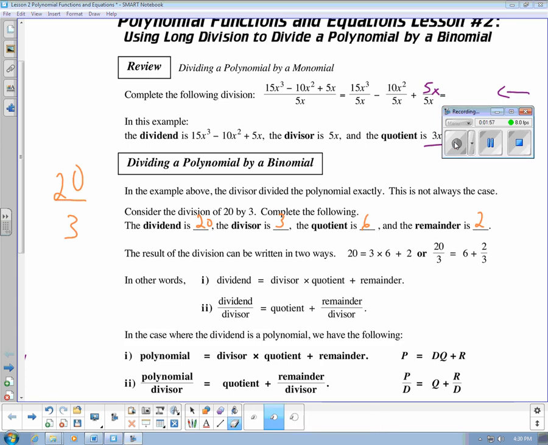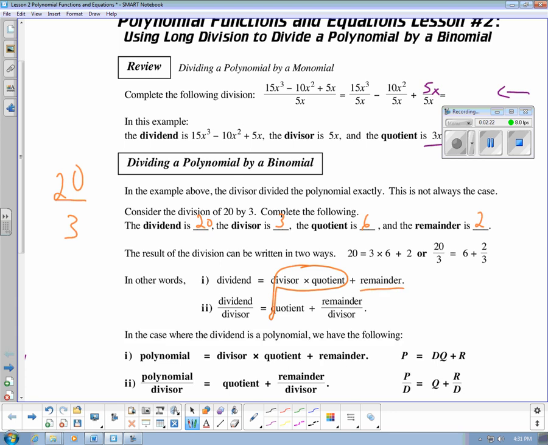So continuing forward, the idea of working backwards would be to rebuild the dividend. So how do you rebuild the dividend? You can see that the dividend can be rebuilt by taking the divisor and the quotient, multiplying them together and adding the remainder.